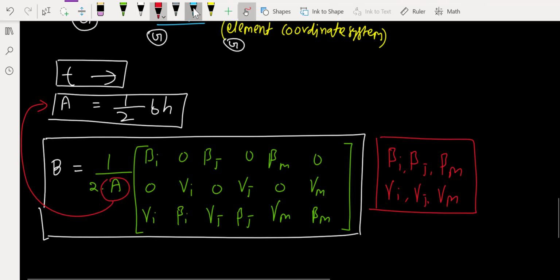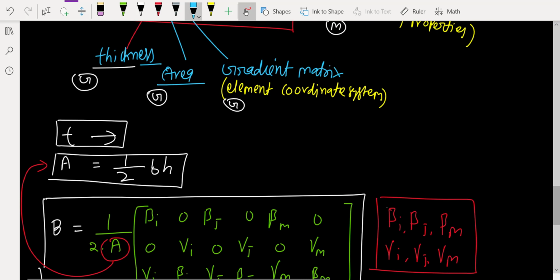And it's actually very simple. Do not get trapped in the notation I, J, M. Basically, I, J, M are these three nodes. This gamma and beta have a specific relationship with the element coordinate information, because we have already seen the element coordinate system.